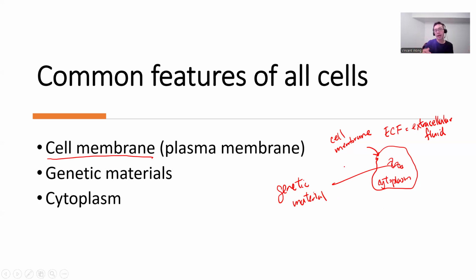Other times it's packaged nicely in a structure. And we'll talk about the difference in a bit. But generally, these are the three things that are always going to be there for any cell: cell membrane, genetic material, cytoplasm.